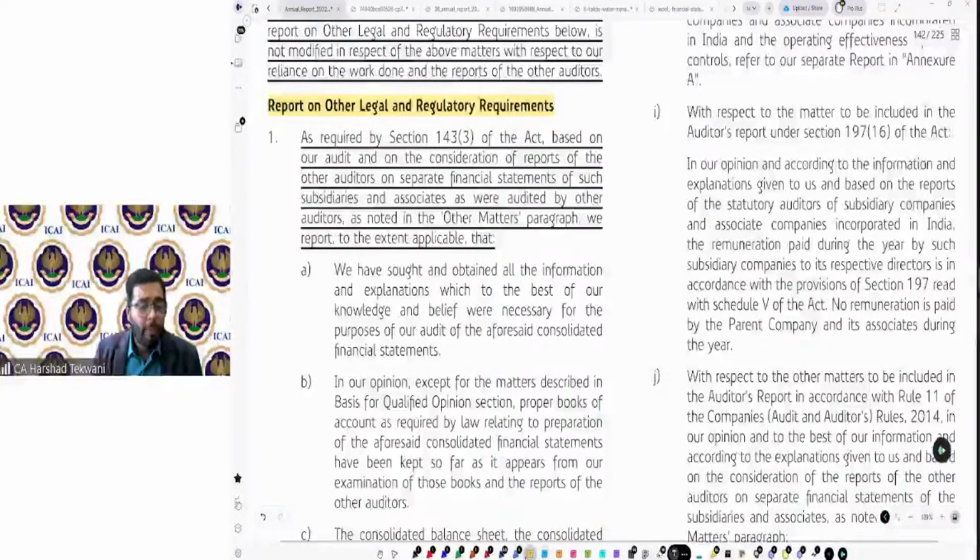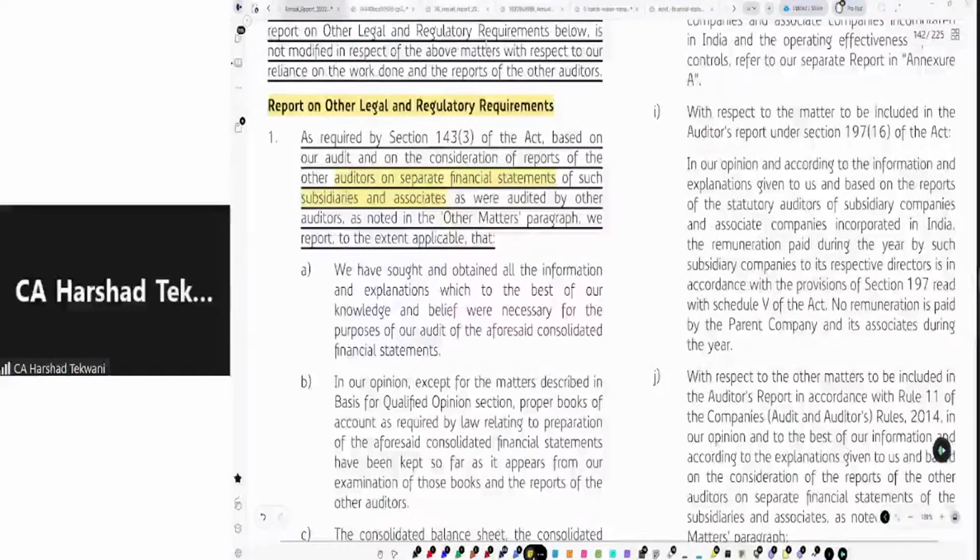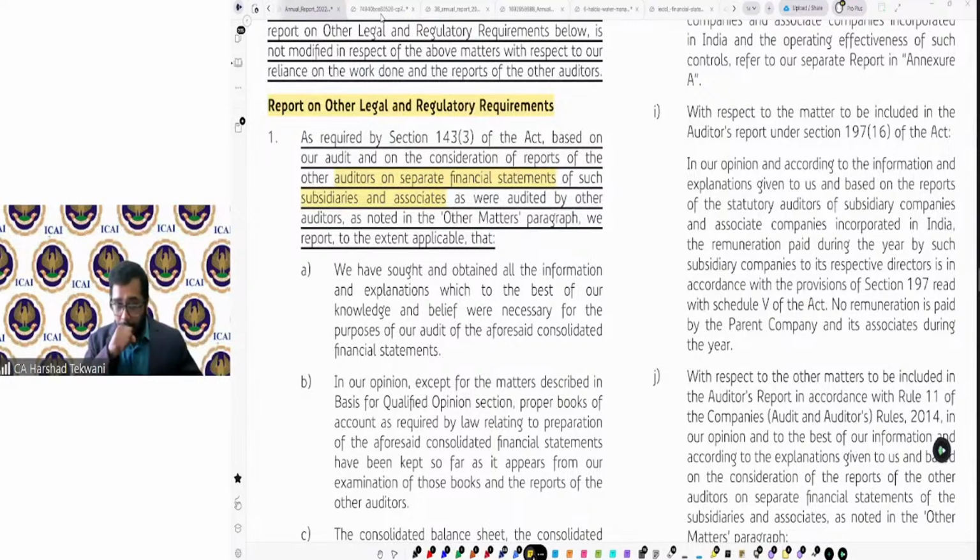So first of all, they are providing a reference to the audit report of the auditors on separate financial statements of subsidiaries and associates, which were audited by other auditors, not by them, and they are providing reference to the other matter paragraph of the audit report.